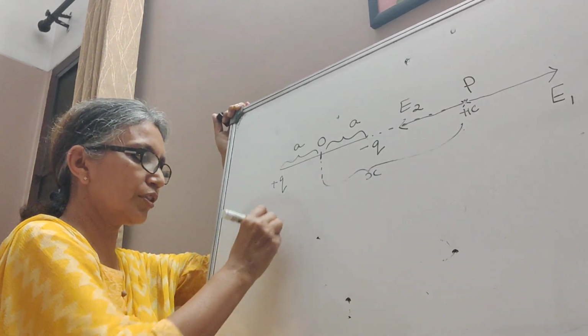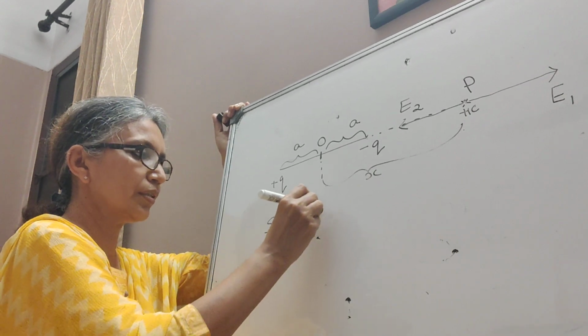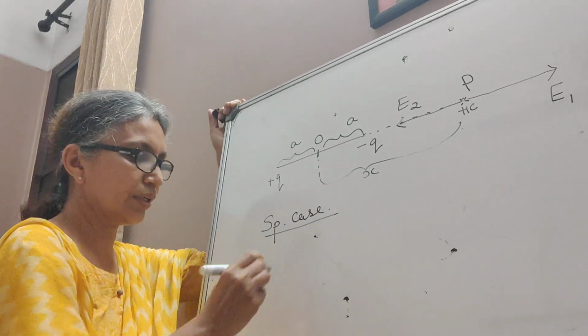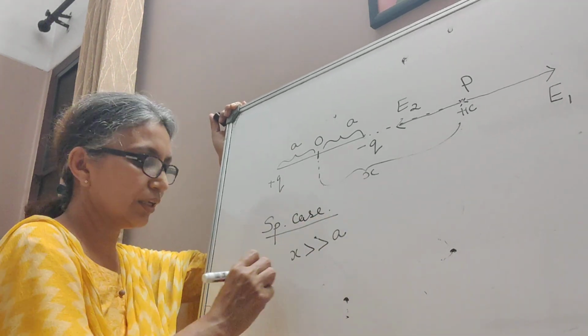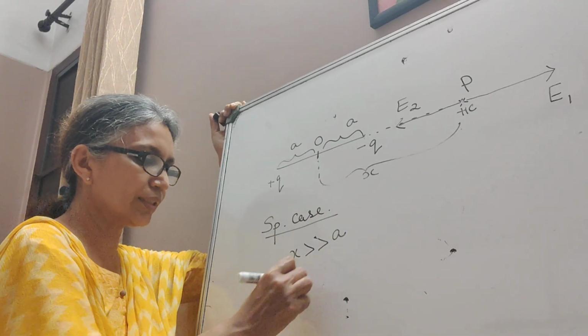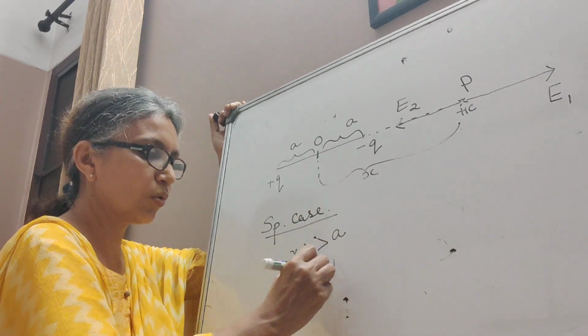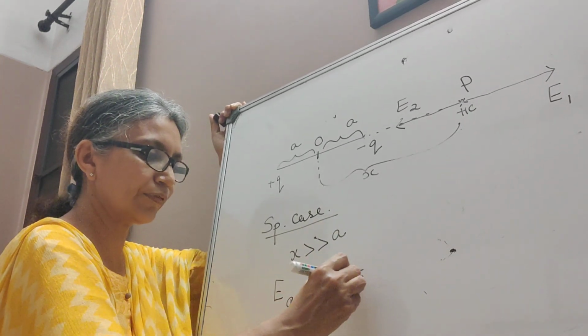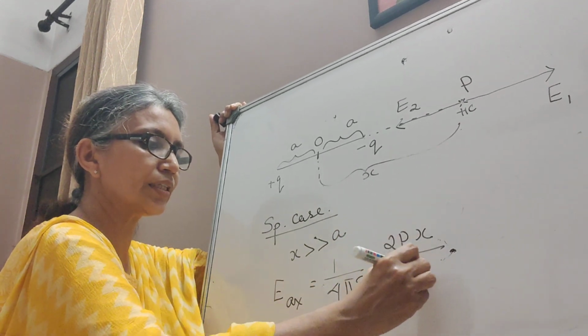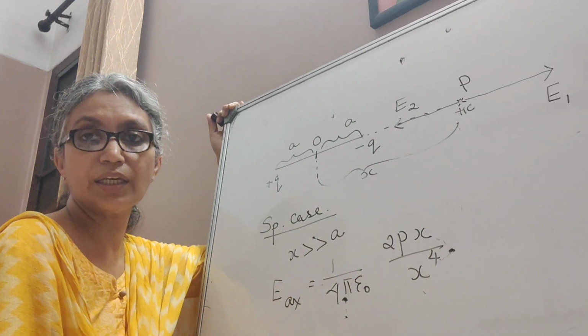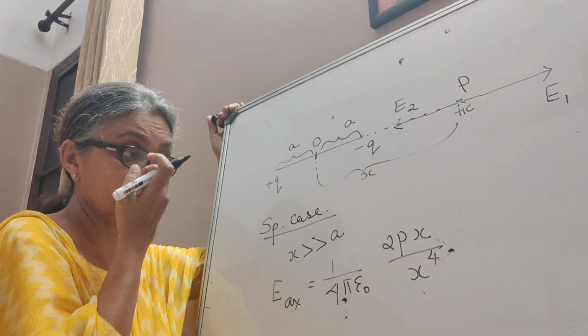That is, for your special case, we have x much greater than a. Therefore, E axial is going to be equal to 1 by 4 pi epsilon 0 2px by x raised to 4, because I have neglected the a square in the denominator.